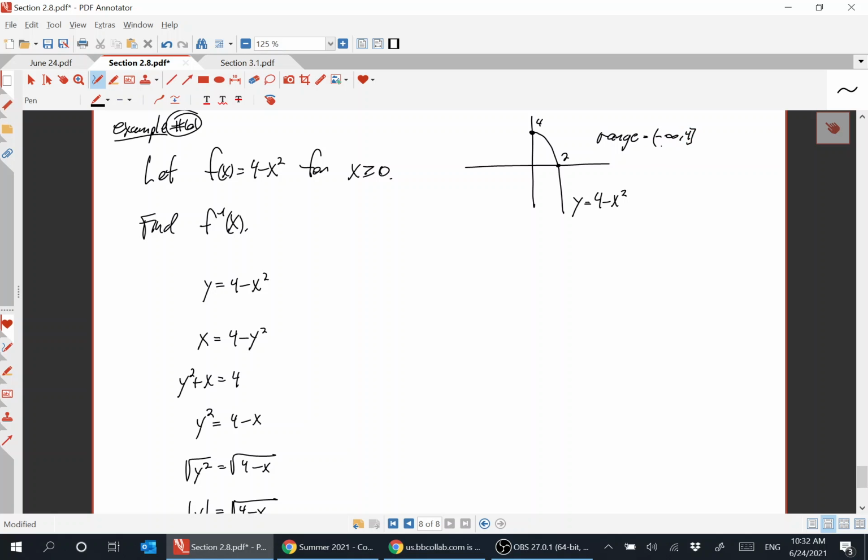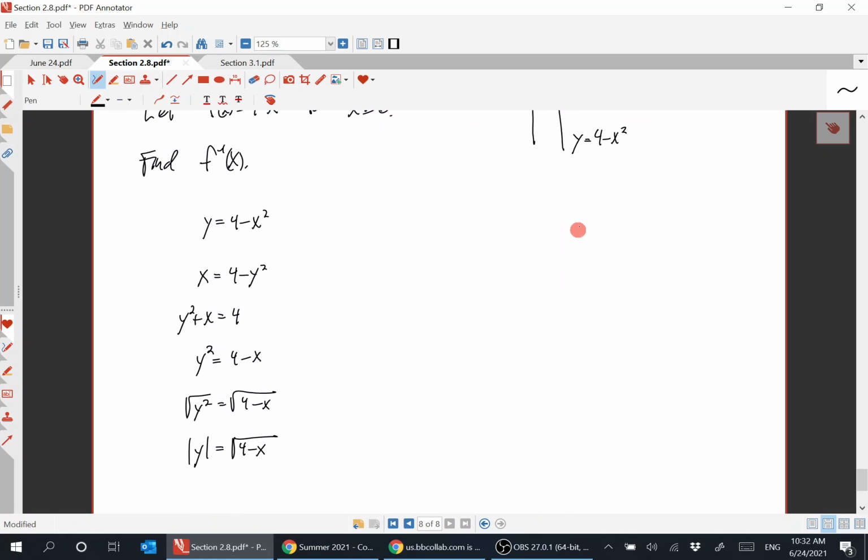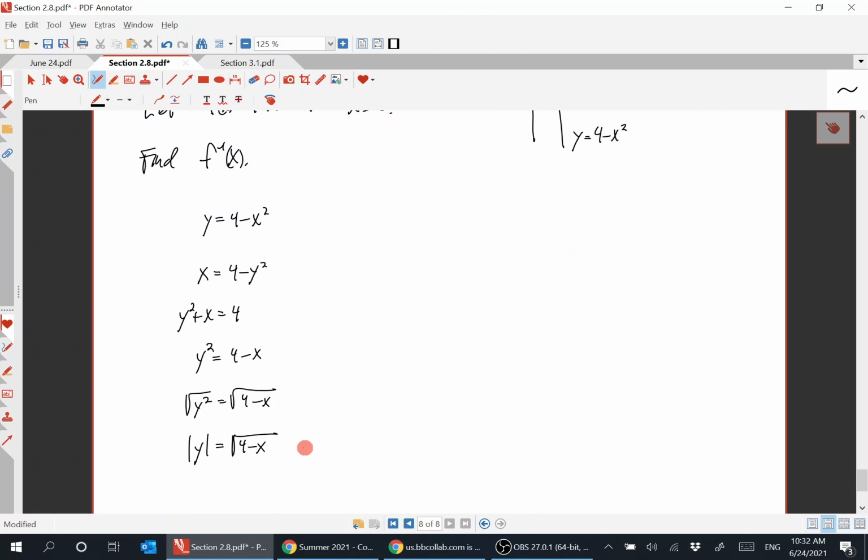But you'll notice that the range of this function, the range is equal to minus infinity to 4, which is exactly where the square root of 4 minus x is defined.